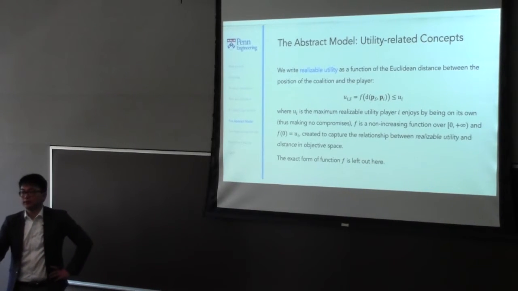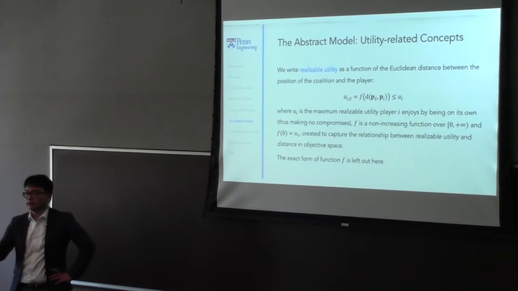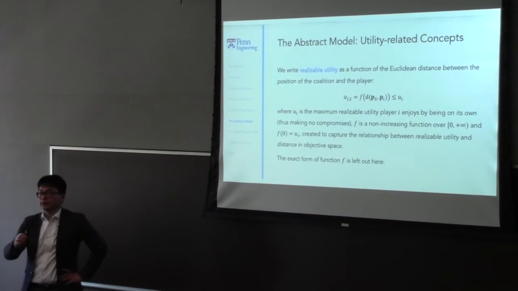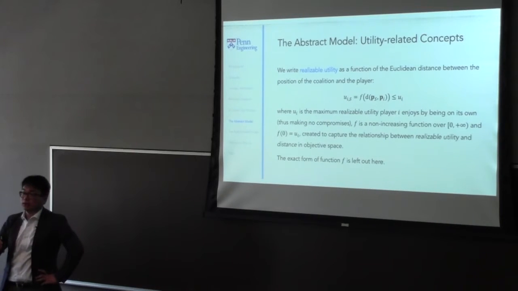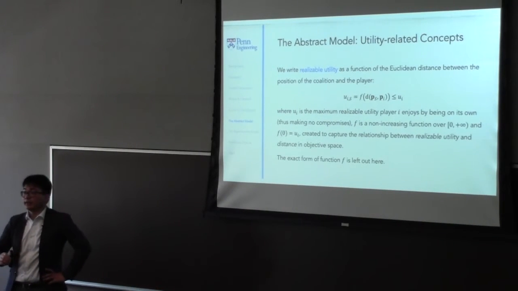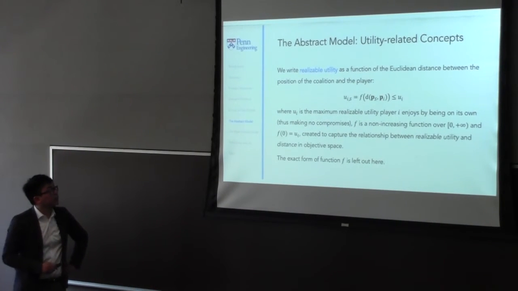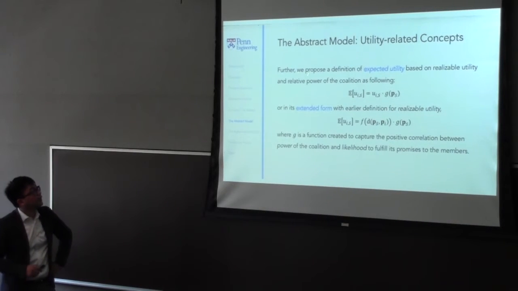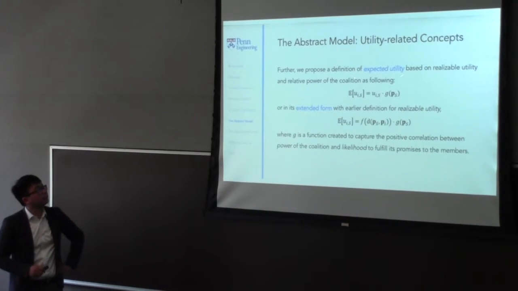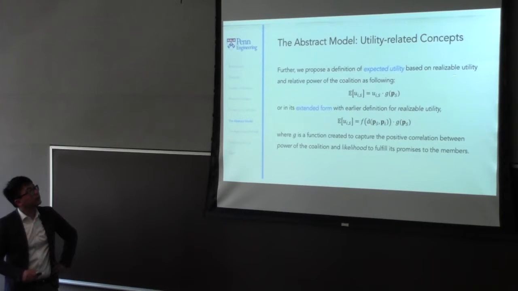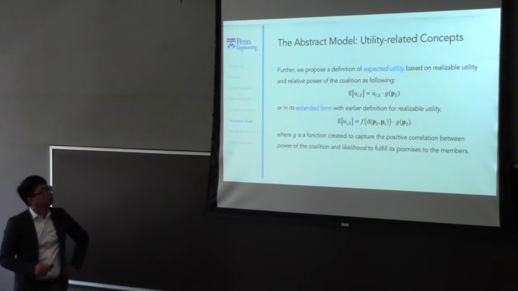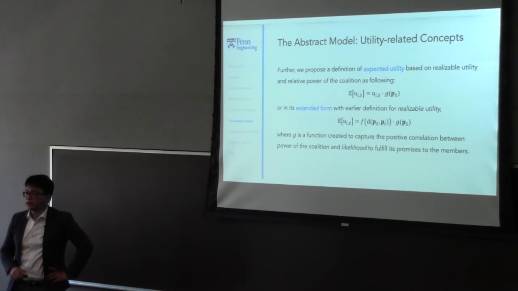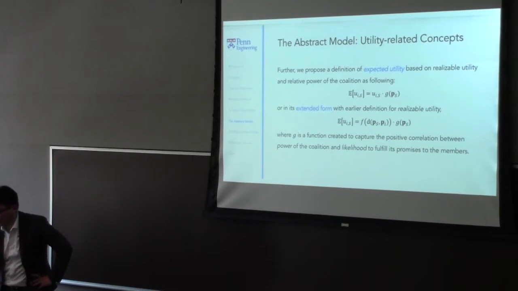And I think here you probably wonder, if whenever I join an alliance my utility decreases, what is the motivation for me to join an alliance and have a negotiated position that's further away from where I am at all? And that's where the size comes into play. We propose the definition of expected utility based on the realizable utility and the relative power of the coalition. So the expected utility takes two components into consideration.